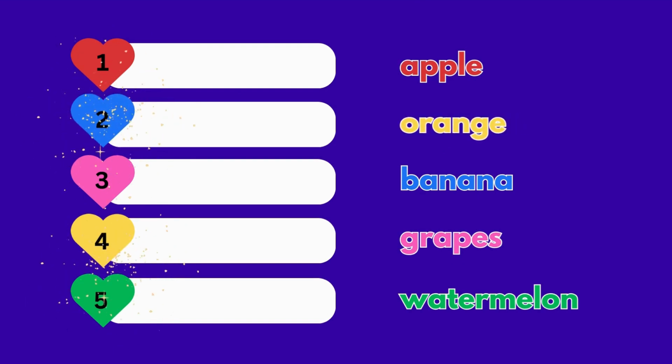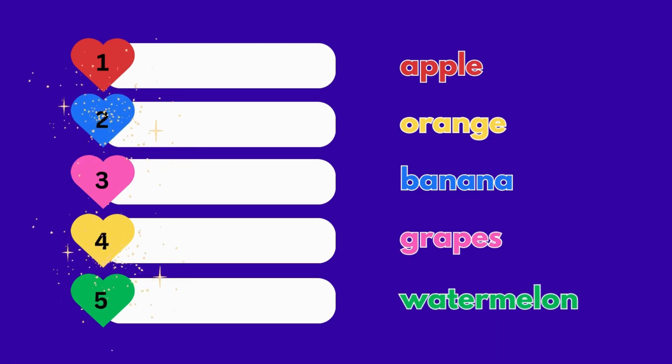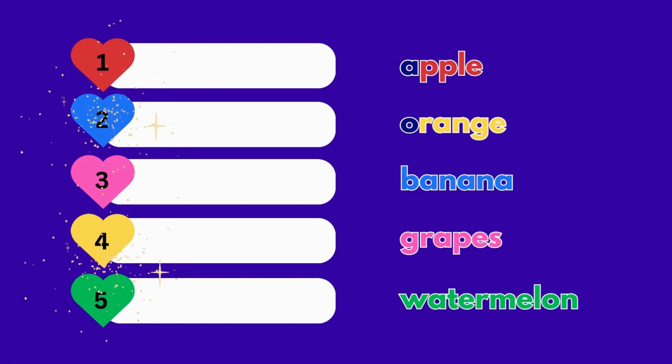For orange, we have the letter O. For banana, we have B. For grapes, we have G. And for watermelon, we have W. We have the letters A, O, B, G, W.